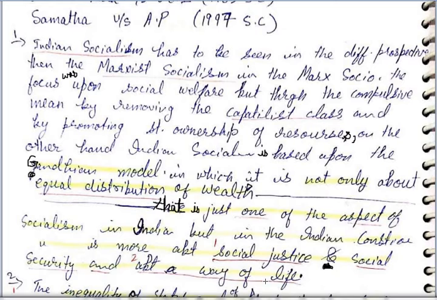In DPSP, 39B and C talk about the equal distribution of wealth, but that is just one DPSP and that is one small aspect of Indian socialism. Rather, Indian socialism is more about social security and social justice. So in this way, we can say that Indian socialism is way ahead of the Marxist socialism. It is not only about the equal distribution of wealth.